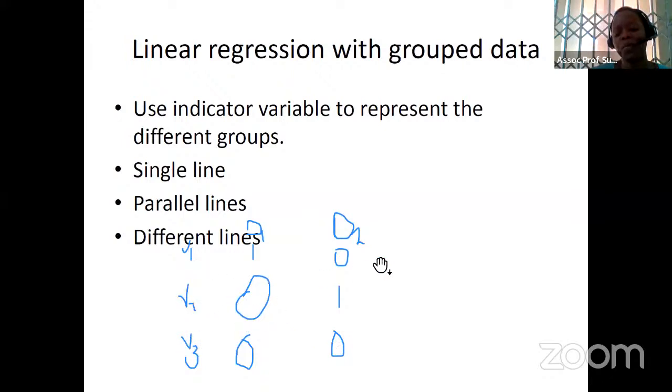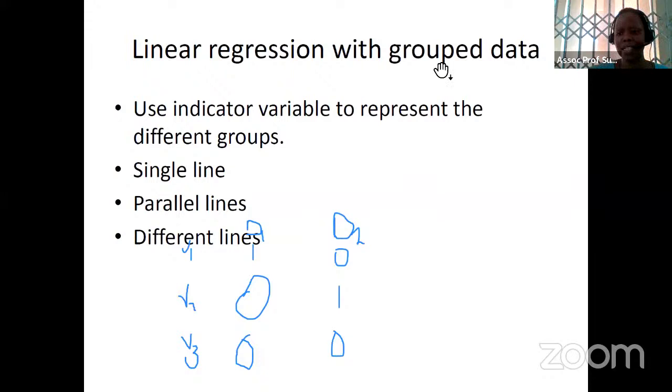You can fit one model onto your data, and it can be used to predict for all varieties. That is what we call a single model. Parallel models is when you put in these 2 dummy variables you've created and you find that they are significant, meaning that you need different intercepts, but the slope is the same.